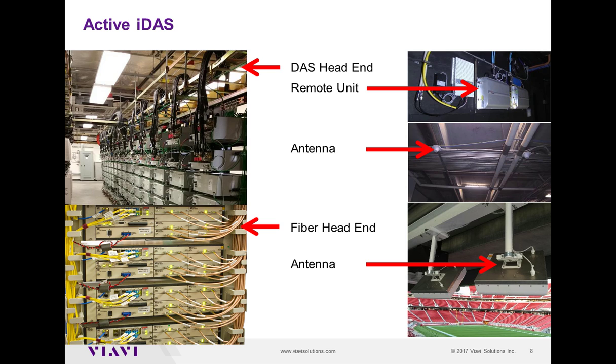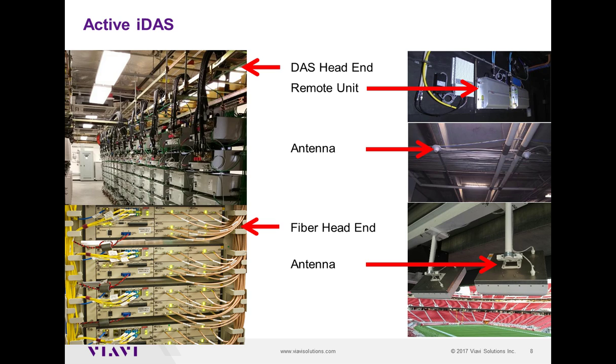The RF cables coming in from the operators come into these attenuator trays where the signal gets reduced, and it is fed into the fiber head end, where it is converted and digitized. From the fiber head end around the building, you take fiber cables to the remote units. You can call them RAUs, remote access units, and those RAUs then feed into the antennas.